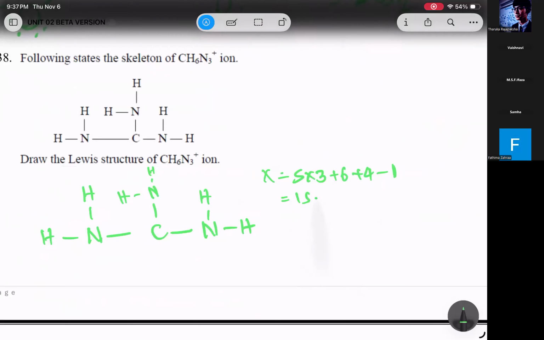So 15 plus 10 minus 1, 24. 24 minus 1, 2, 3, 4, 5, 6, 7, 8, 9, 18. 36. 6 divided by 2 is 3. So I have to put the electrons on the most electronegative atoms, nitrogen.